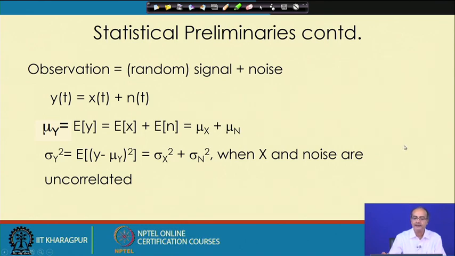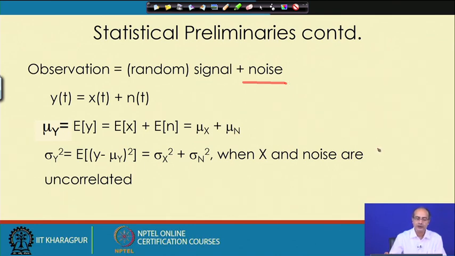So, when we look at a signal, usually we get two parts. One is the signal of interest, which may be random in most cases, and then we get the noise, which is also usually random.